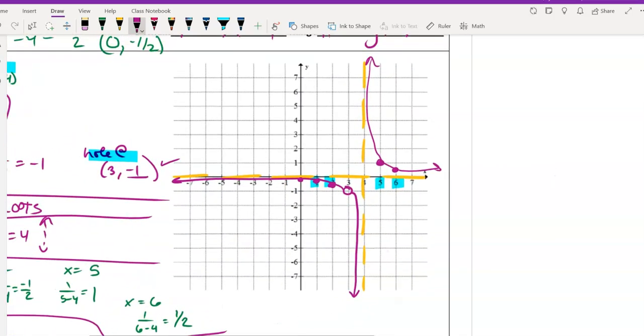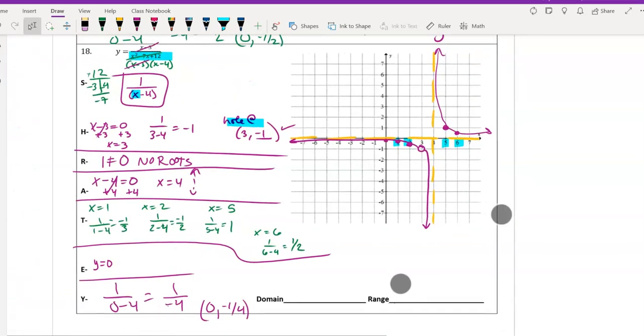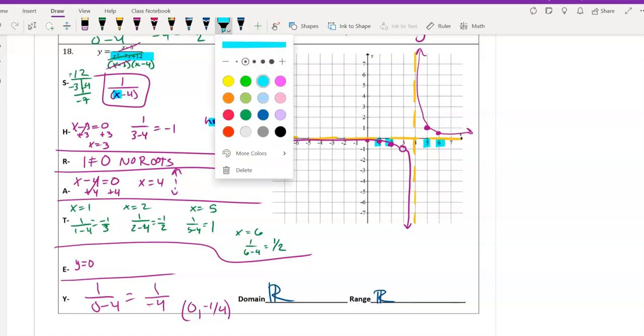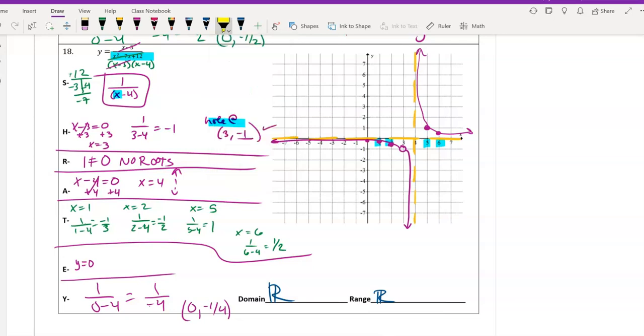All right, that's it. Let's talk about the domain and range. It is always all real numbers except holes and asymptotes. So we do have a hole. The x value is 3. So I'm going to put that with the domain.